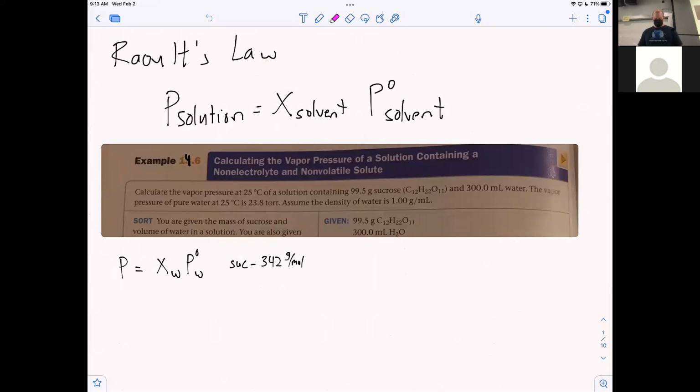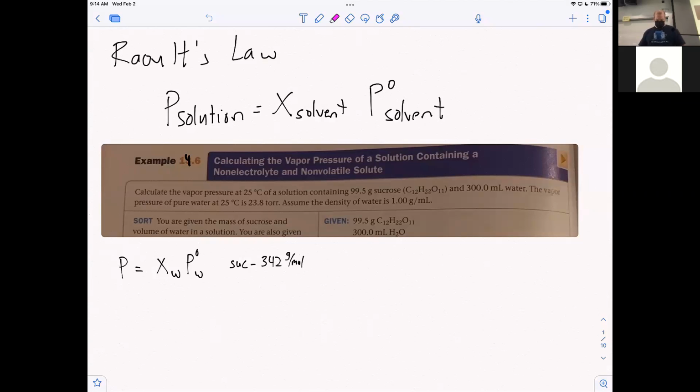Raoult's law deals with vapor pressure, and the P in this case is the vapor pressure. The vapor pressure of the solution is the mole fraction of the solvent, specifically by the number of particles, times the starting vapor pressure of the pure solvent.